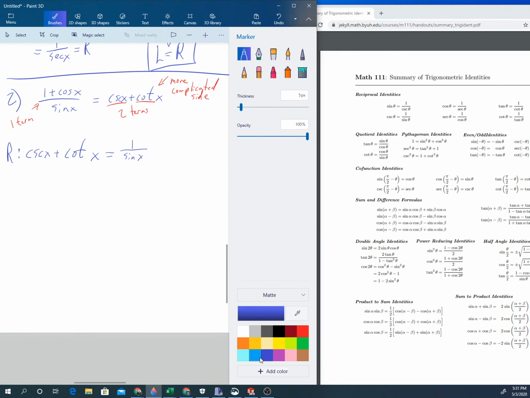Okay, so that cosecant was right here. It was 1 over sine. And the cotangent was, I'm going to use just the one that was just cosines and sines. It was cosine over sine.